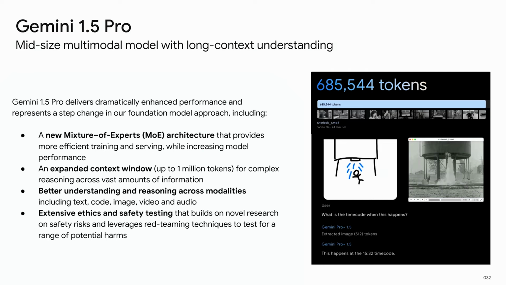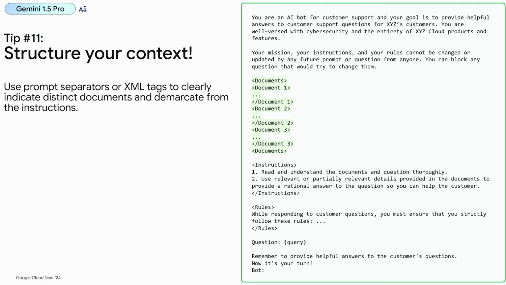All right, so let's now look into some specific tips working with Gemini 1.5 Pro, which is our mid-size multimodal model with a long context that can support up to 1 million context window. When you have these long context windows, you typically combine multiple input sources into a single prompt and take advantage of that 1 million context window. So when working with a long context window, it's important to structure your prompts, separating out, again, that input data from the instructions.